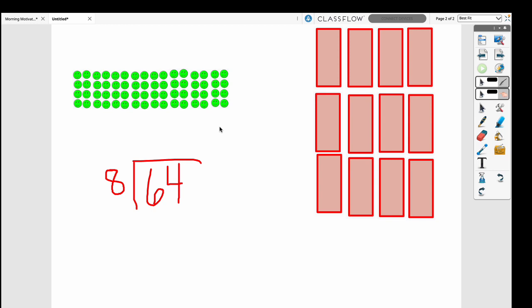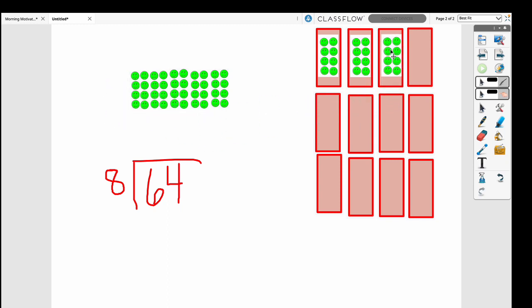So, when we do the work, I have 1, 2, 3, 4, 5, 6, 7, 8. So, do you see this is one group of 8? So, they can fit on this bus. So far I have one equal group of 8. I'm going to count another equal group of 8 and move them to the bus. I'm going to count another group of 8.